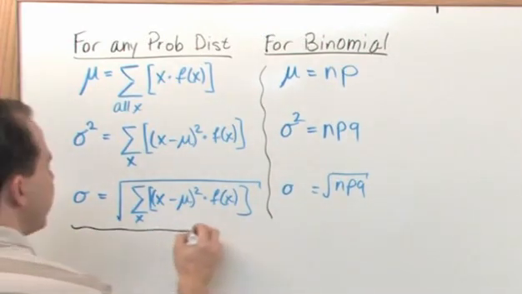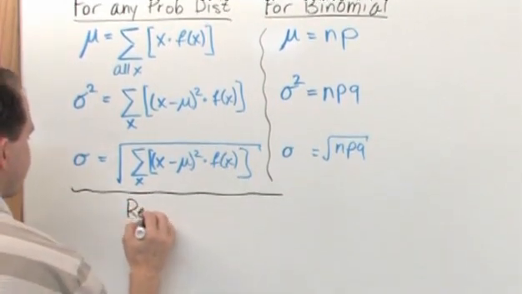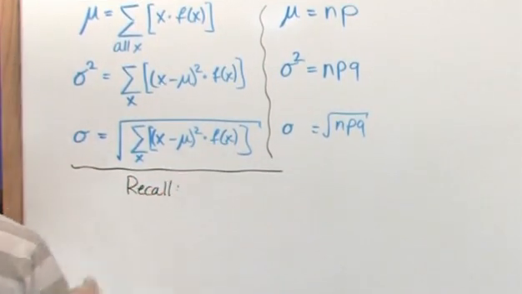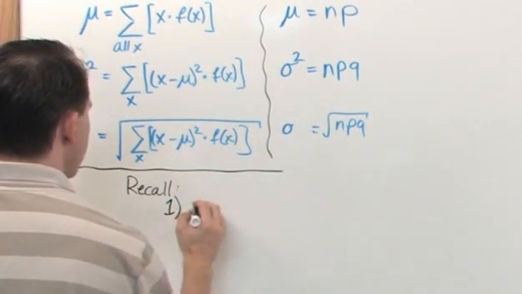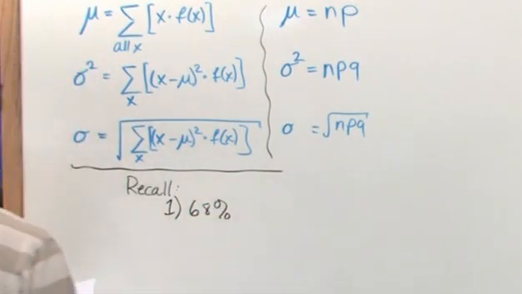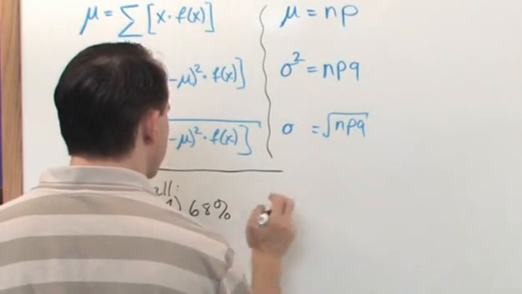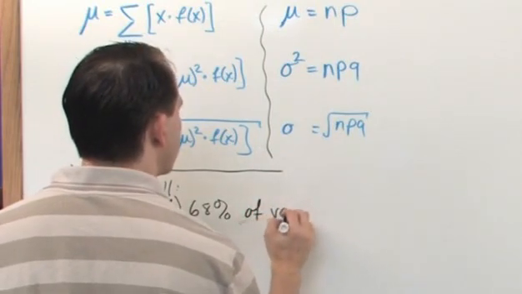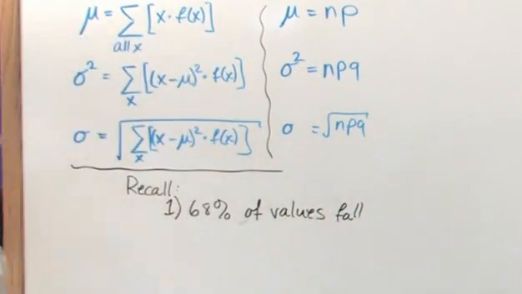So let's expand on this a little bit, and let's recall three things. Roughly 68% of values fall within 1 sigma of the mean. This is for any probability distribution, not just a binomial.